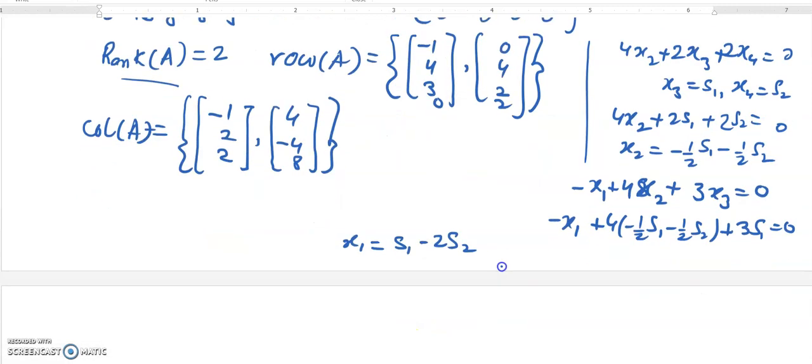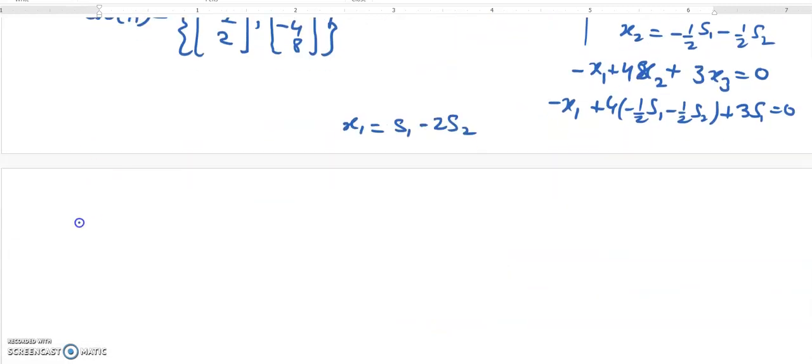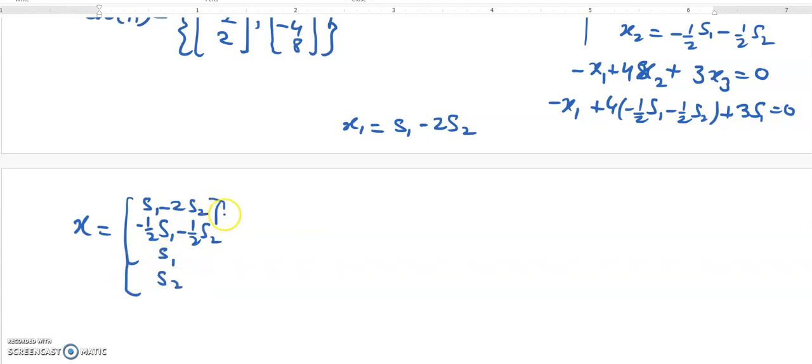So the X vector will be s1 minus 2 s2, then x2 was minus 1 by 2 s1 minus 1 by 2 s2, and then s1 and then s2. We can write it like this in terms of s1 and s2.